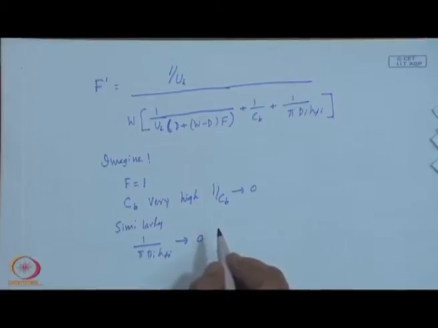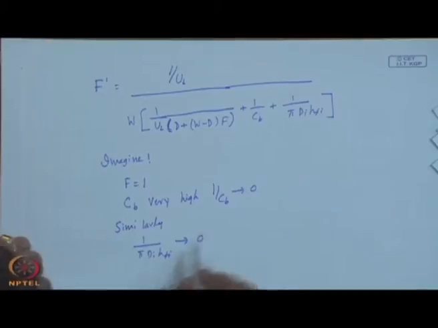If you have a very large heat transfer coefficient, the convective resistance will be negligible. So, my F dashed tends to 1.